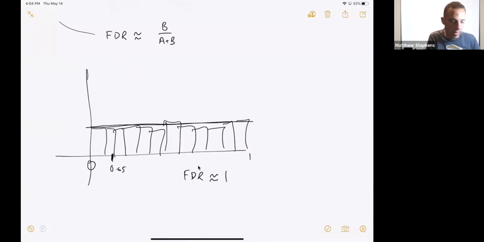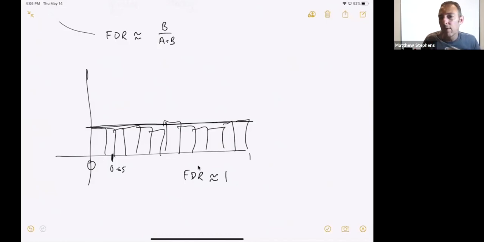So the point is that this histogram that's very flat essentially implicitly tells you about things like how strong are the effects that are non-null and how powerful is your test. Those things that you, if you were doing one test, have to make assumptions about, when you're doing a lot of tests, you can essentially use the results of those tests to learn about the power of the test and the effect sizes and some combination of those things.